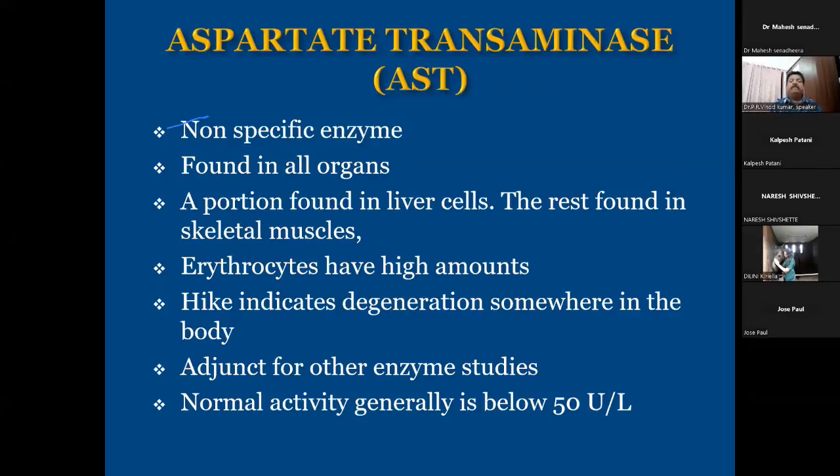And another thing is, a good portion of AST is found inside the erythrocytes. If erythrolysis occurs, AST will be distributed in abundant quantities in the blood. So when you take the serum, AST will be very high. Erythrocytes have high amounts, and AST level increases in erythrolysis.